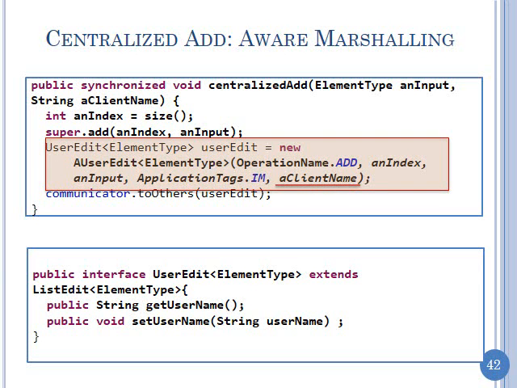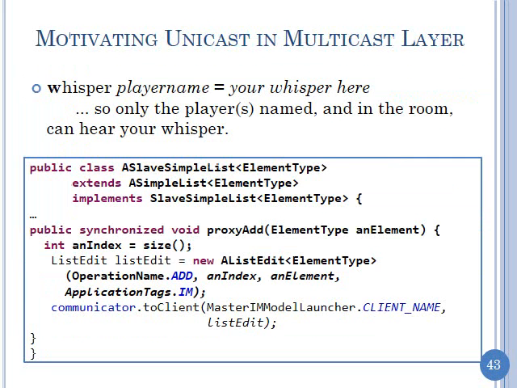User edit extends list edit with a get username and a set username. Okay? So this is making it all very concrete. And yeah, this is the name that's being added here. Okay? And in the slave, our proxy add does not go in. I'll try to align these things.